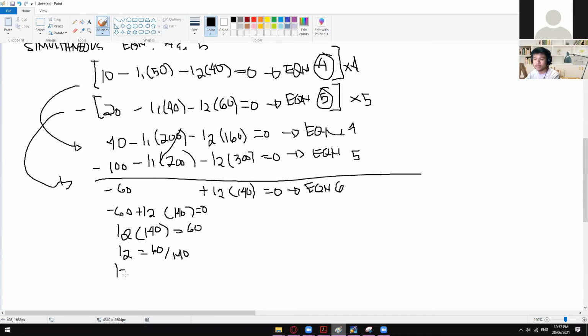So using your calculator, I2 is equal to 60 divided by 140. It will give us a result of 0.428. Okay, or 0.429 rather. You're going to round up the 8 into 9.